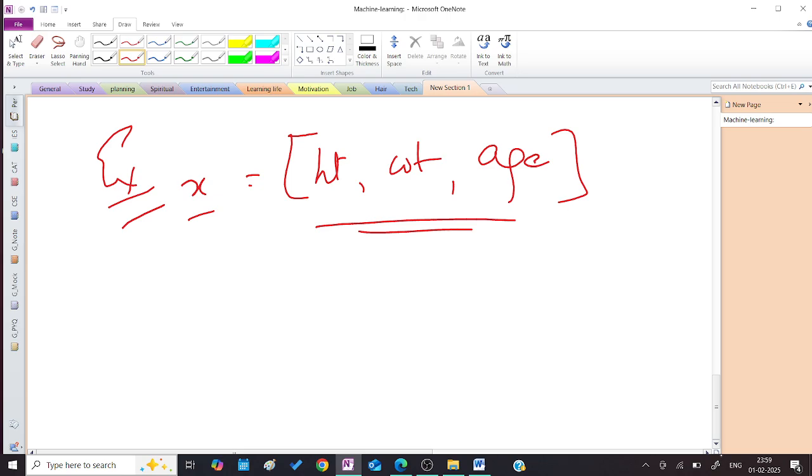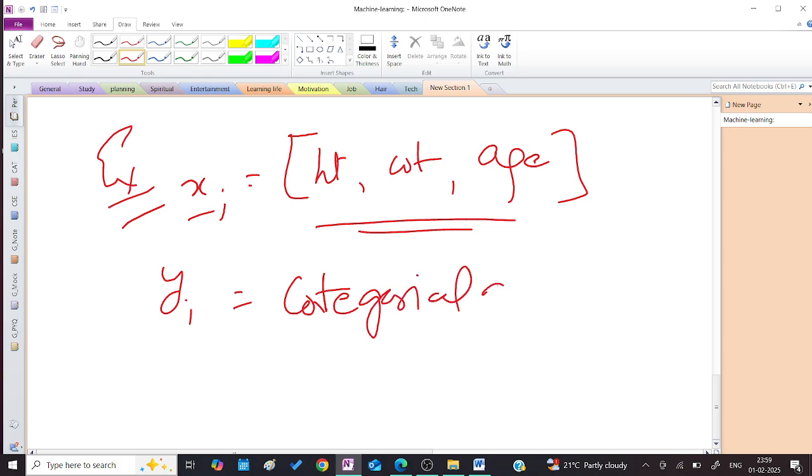Similarly, what is y? y is a categorical or nominal variable.